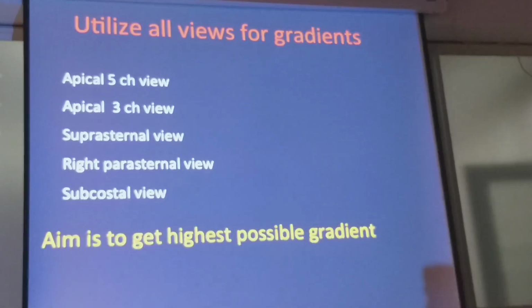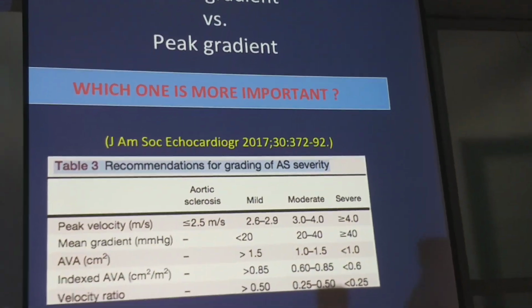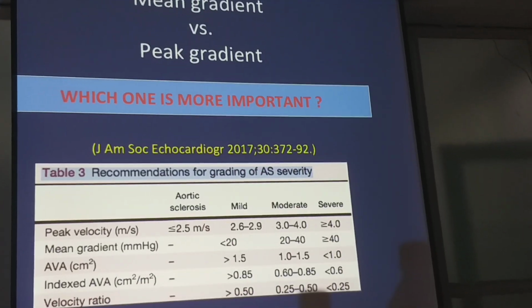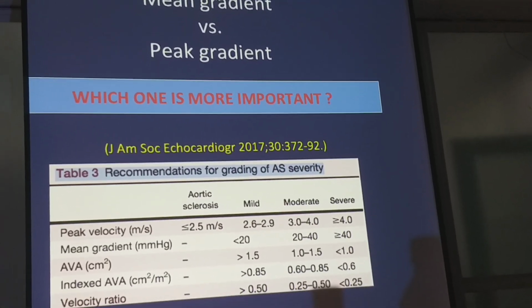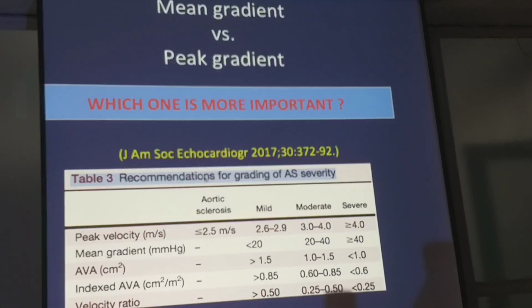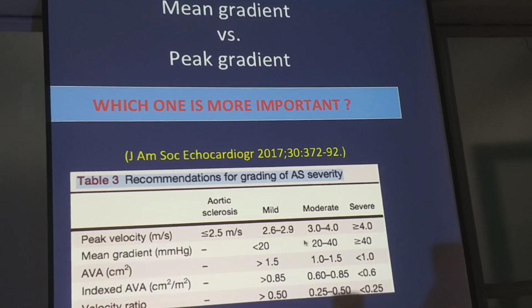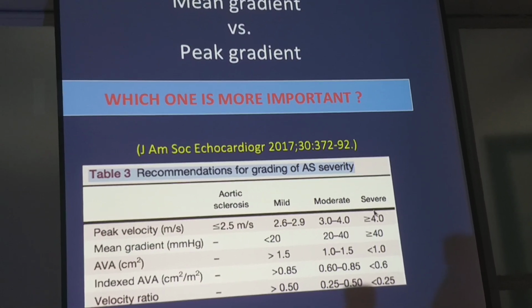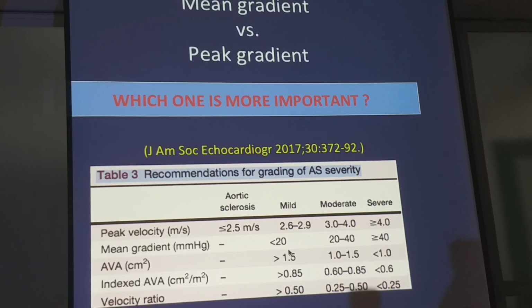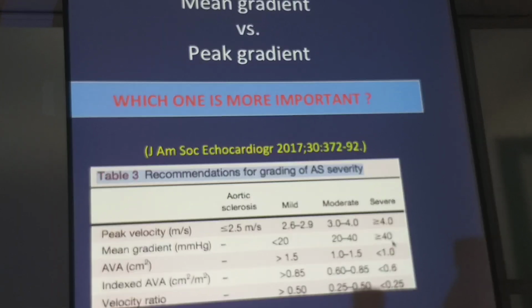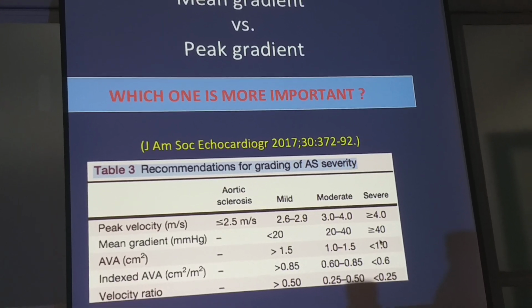Right? And which gradient is to be seen? Peak or mean? Mean, yes. As per the latest guidelines in 2017, it is the mean gradient which classifies mild, moderate, severe, right? Less than 20 is mild, more than or equal to 40 mean gradient is severe.